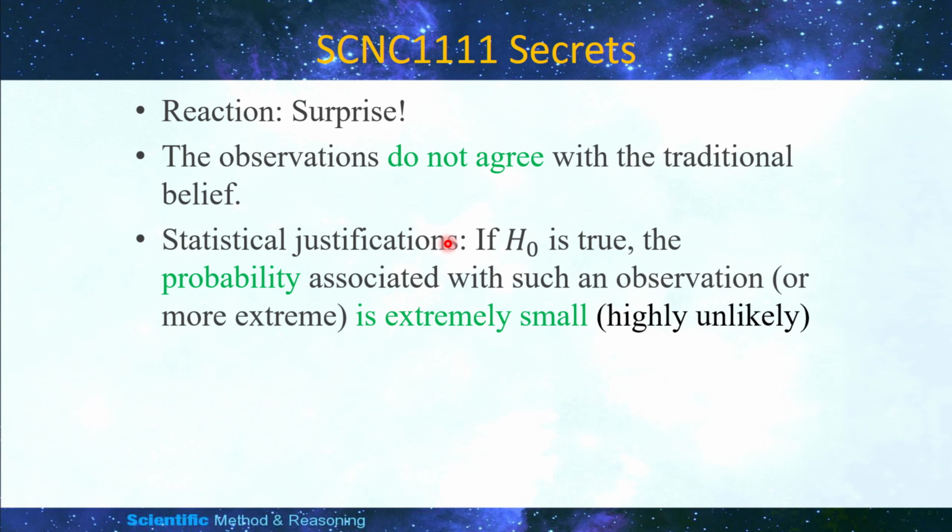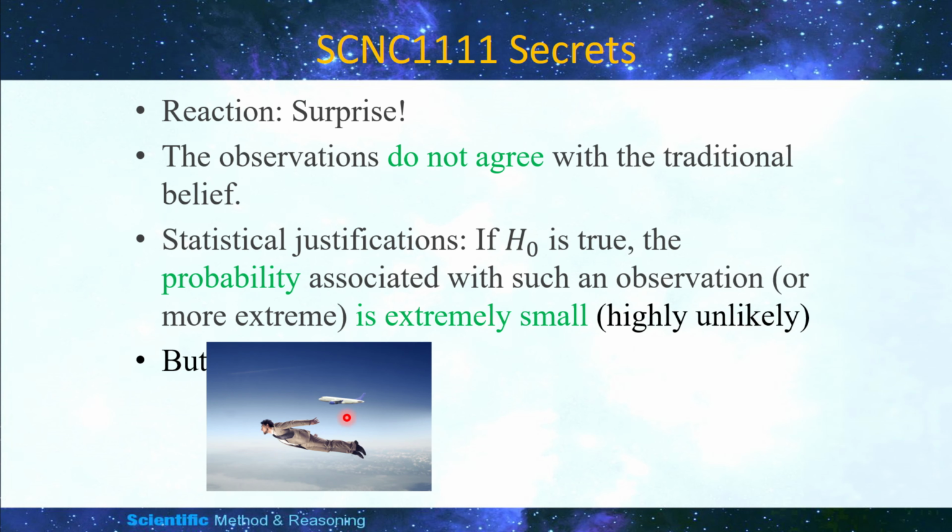And the statistical justification is that if the null hypothesis is true, the probability associated with such an observation or a more extreme observation is extremely small or highly unlikely. But the observation is that Eddie can actually fly.